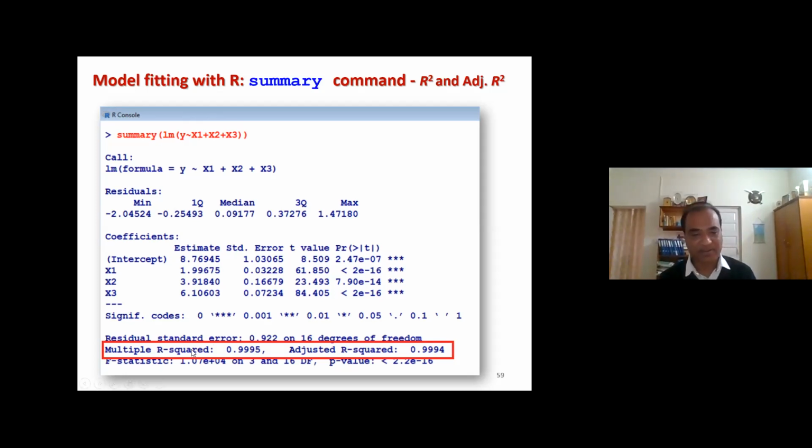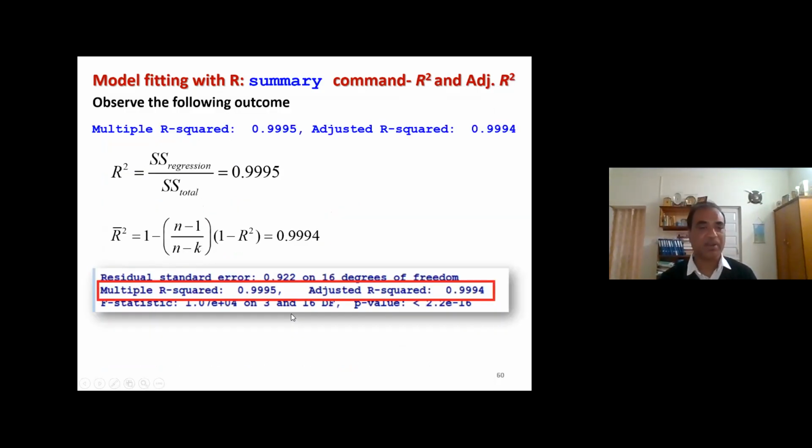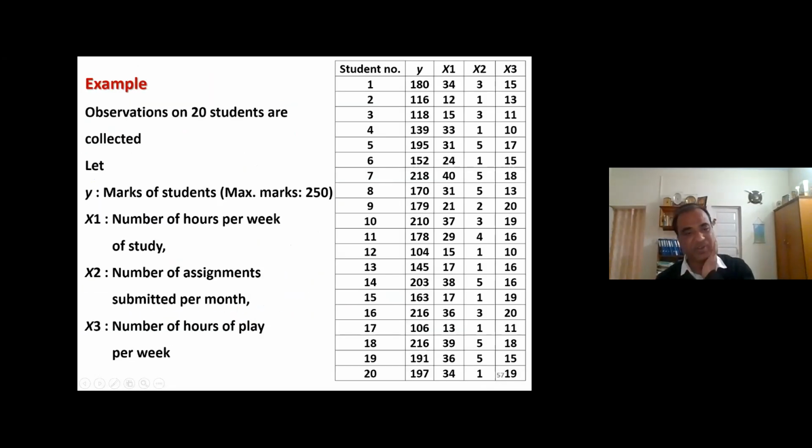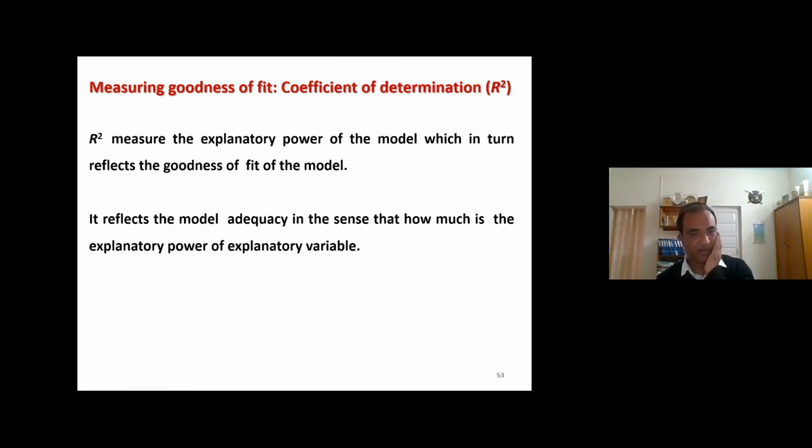Right, so you can see here this multiple R square and adjusted R square, they are given here, okay? And for example, this multiple R square is obtained by this expression, R square equal to SS regression upon SS total, which is the same value which you have given here, right?